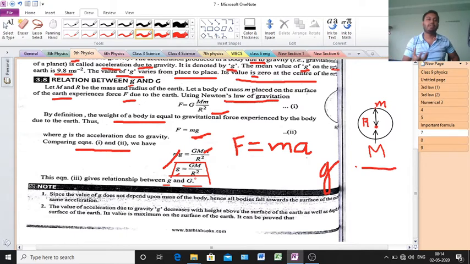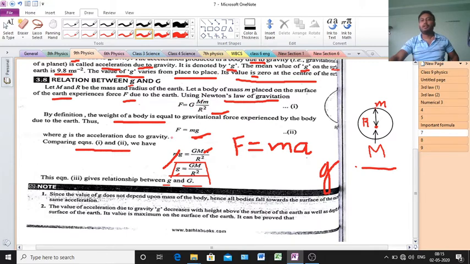I am again repeating. If a body of mass small m is placed on the surface of the earth, the mass of the earth is capital M and the distance between the center and that particular body is r, then according to Newton's laws of gravitation the force will be F equal to G capital M small m by r square.